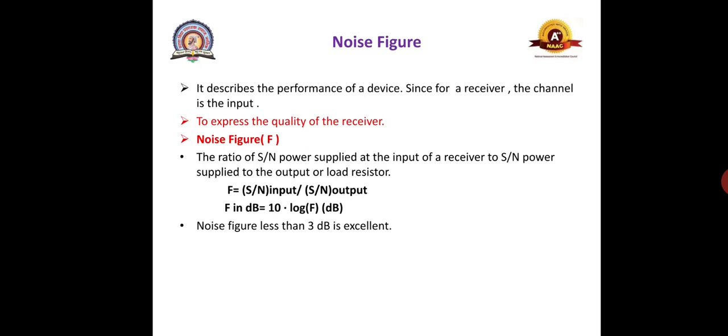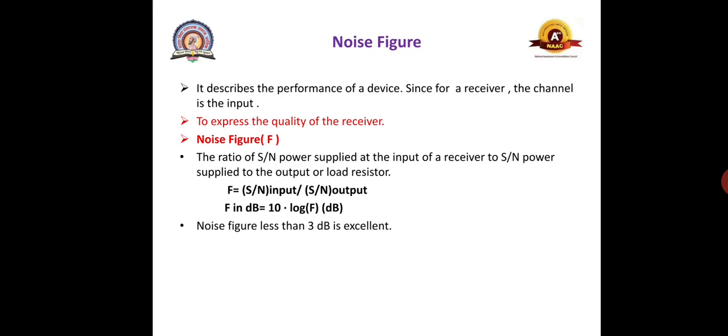Now the next term required to know the sensitivity of the receiver is the noise figure. This noise figure describes the performance of a device. Since for a receiver the channel is the input, to express the noise quality of the receiver more properly, the noise figure is used.